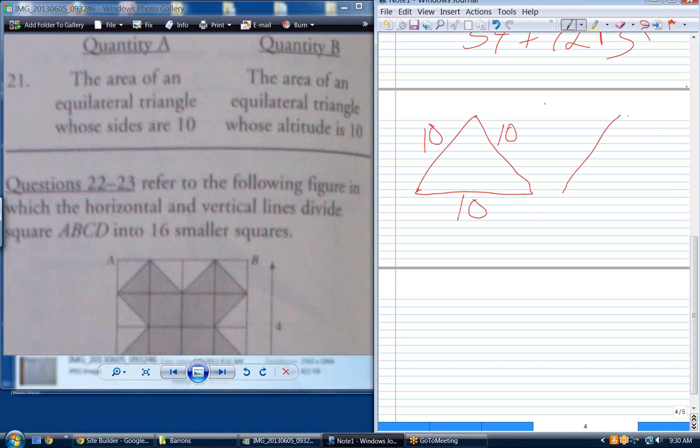And here's the equilateral triangle whose altitude is 10. If we look at this triangle right there, what must that hypotenuse be?